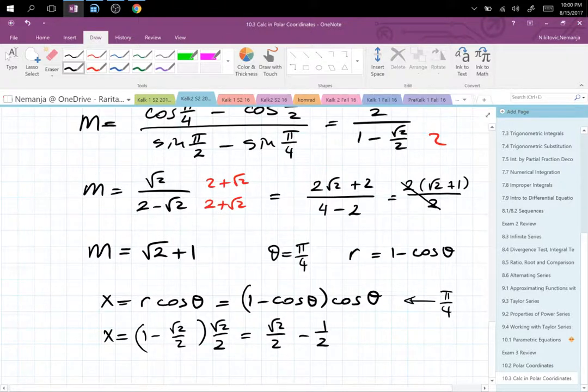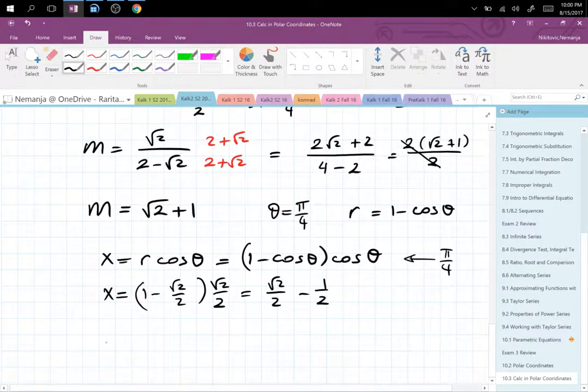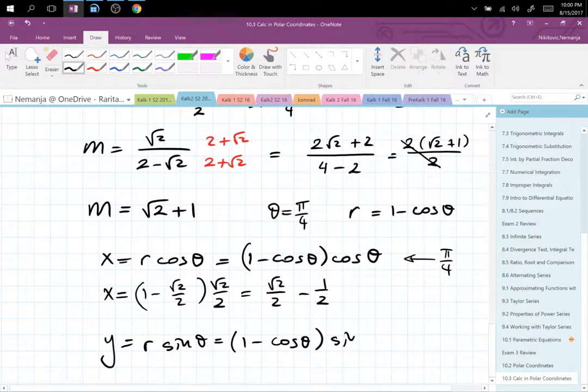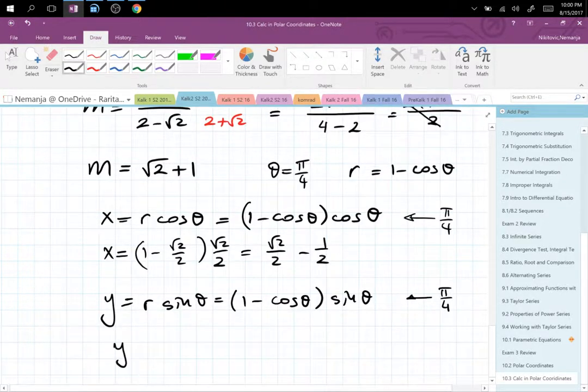So now I have my x value, and for the y value, I have r sine theta, which is 1 minus cosine theta times sine theta. We plug in again pi over 4 for each theta. Y equals, and this equation gives the same value, root 2 over 2 minus 1/2, because it's the same calculation.